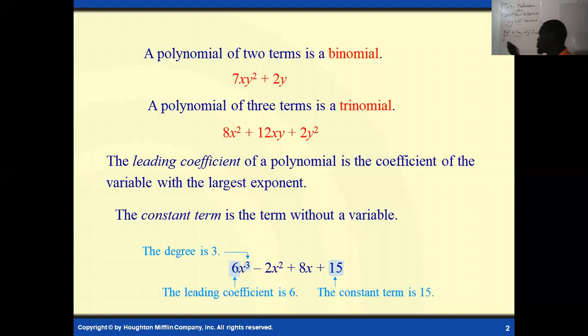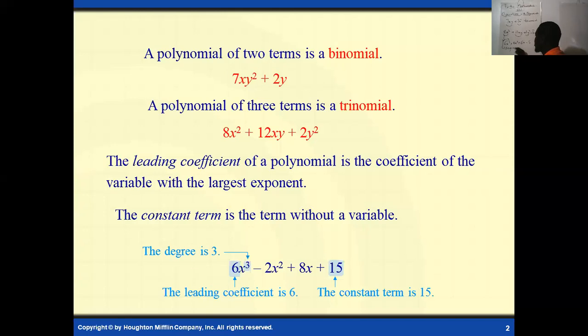For instance, when you have something like this, 6x cubed plus 4x squared plus 6x minus 5. This is a polynomial of 4 terms. The degree here, the highest degree, is 3 because you have degree 1, degree 2, degree 3. So this one here is what we call the degree.